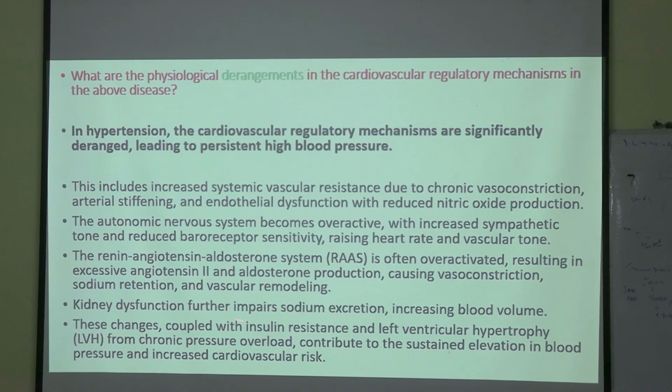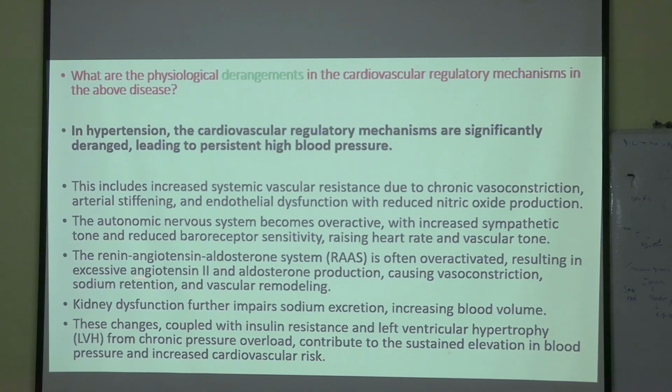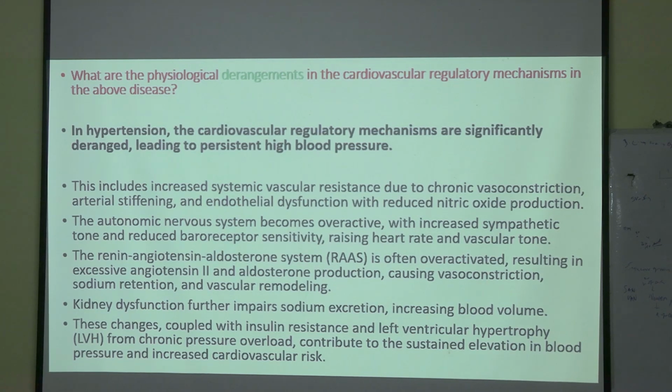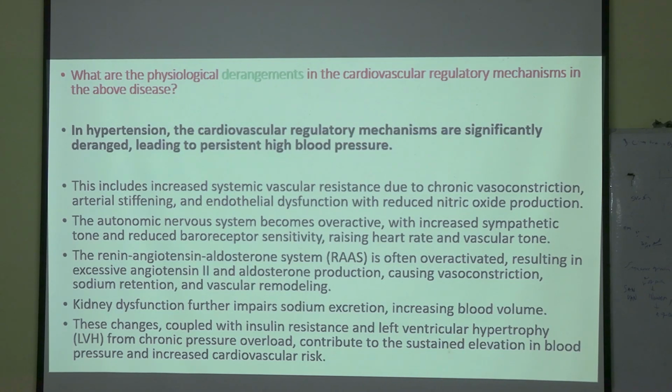So here remodeling of the vascular systems, changes in the sodium retention capacity and the vasoconstrictions, they all are involved with the developments of hypertension. This is again another important mechanism.